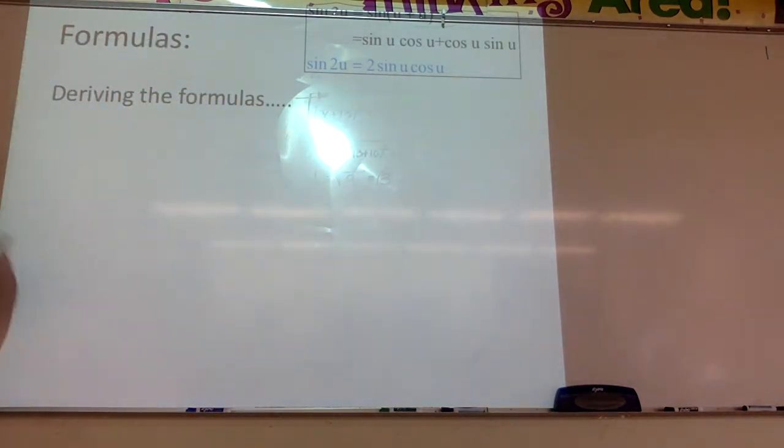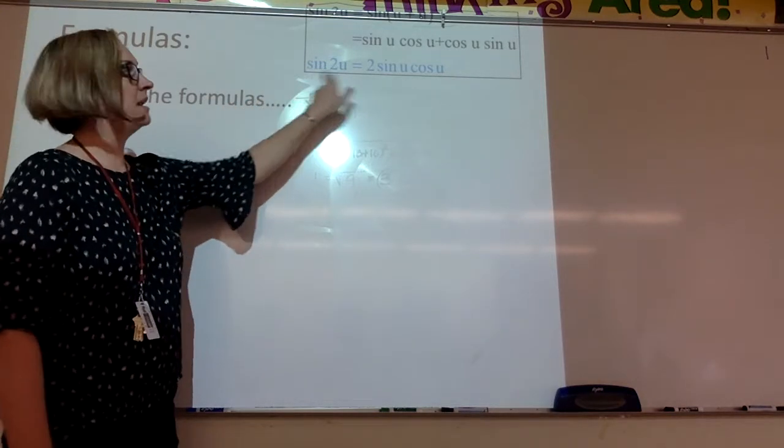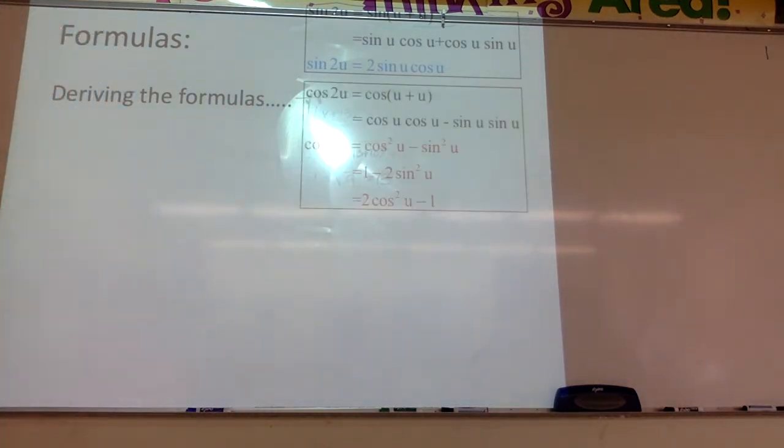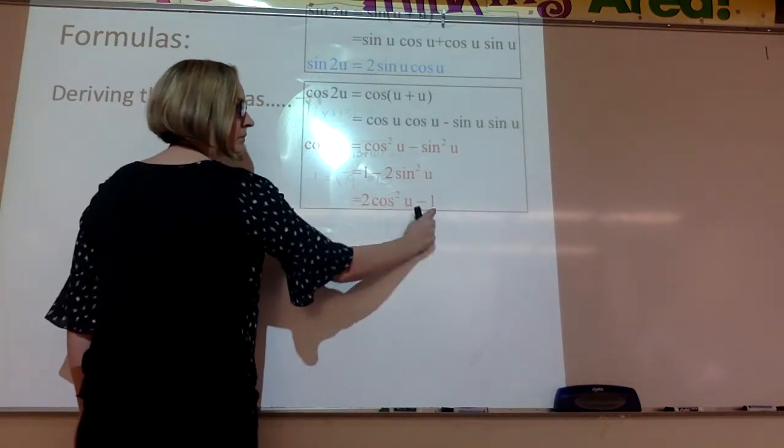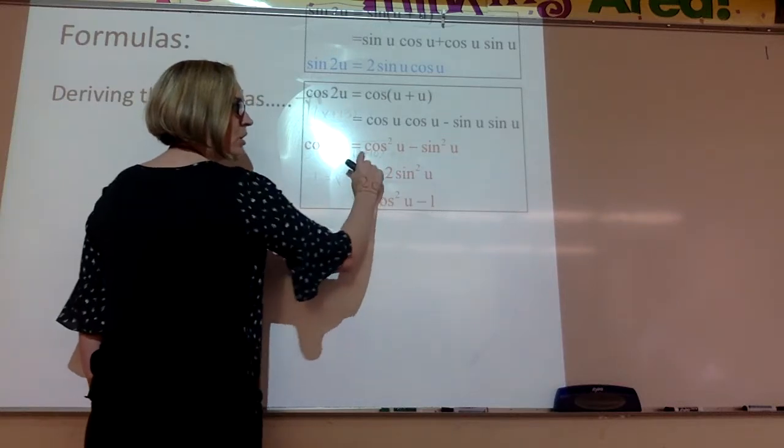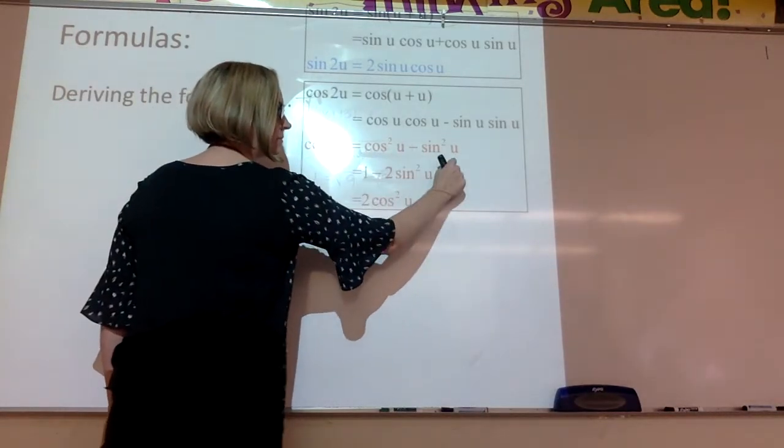You will get these formulas, just like you got the sum and difference formulas of sine, cosine, and tangent. So the double angle, we know it's a double because this is multiplying by 2. For sine, here's your formula. Cosine of 2u is going to give you this final formula right here, this option or this option.